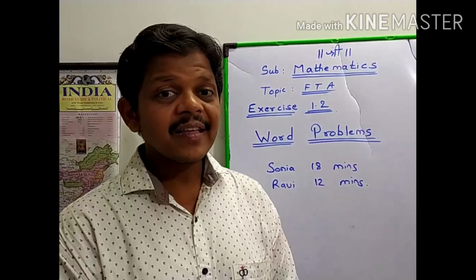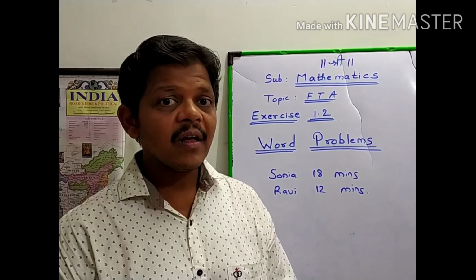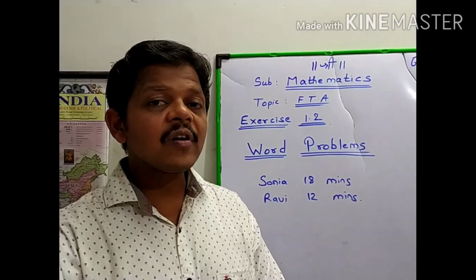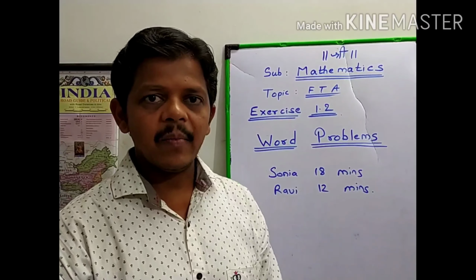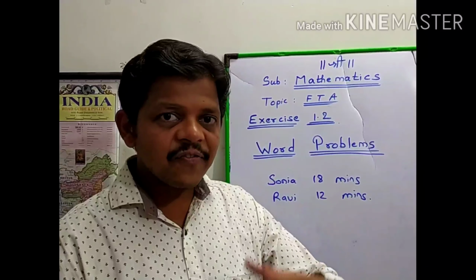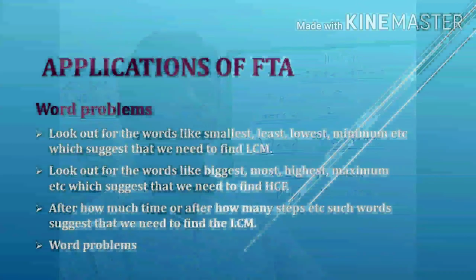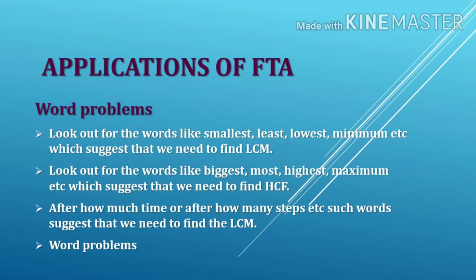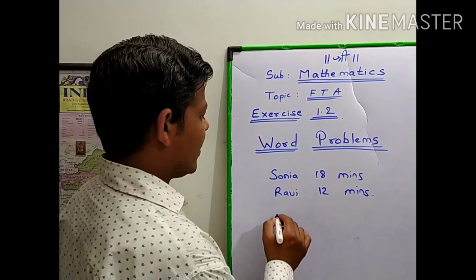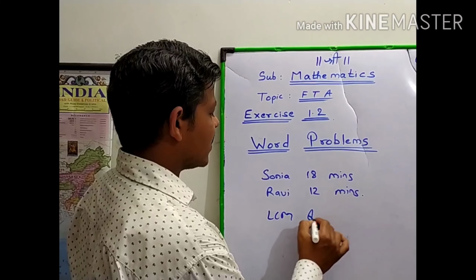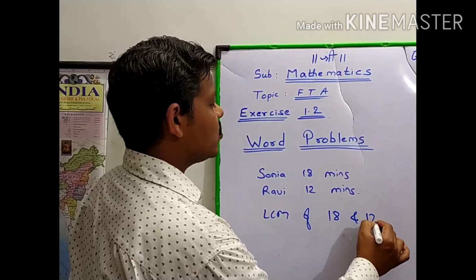Now, this is another very important thing. Whenever words like after how much time will a particular event occur at the same time, or after how many steps, after how much or after how many, underline, keep it in your brains, these words suggest that we have to find the LCM. So again, in this case, you will be finding the LCM of the given 2 numbers, 18 and 12.